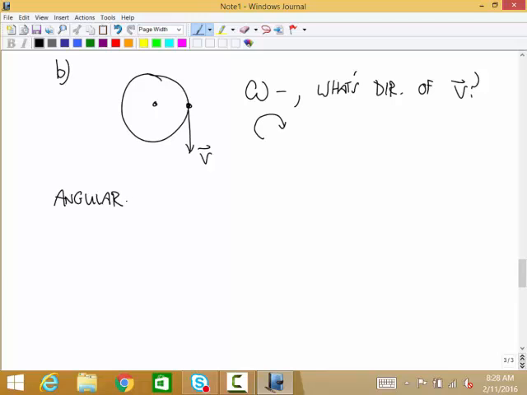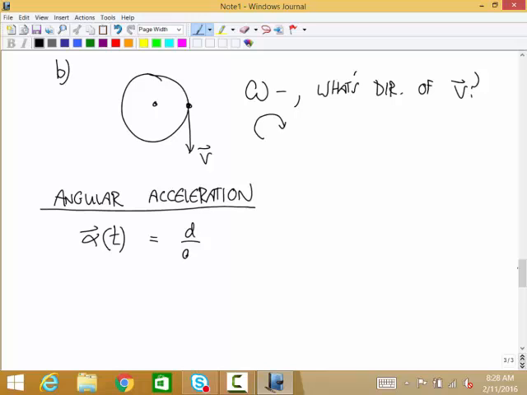Then the last quantity is the angular acceleration. How do you want to define that? If you were inventing this, how would you define this? Yeah, exactly. So the angular acceleration as a function of time is the time derivative of the angular velocity, and the second time derivative of the angular position.